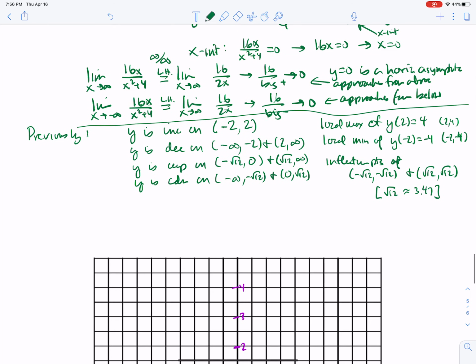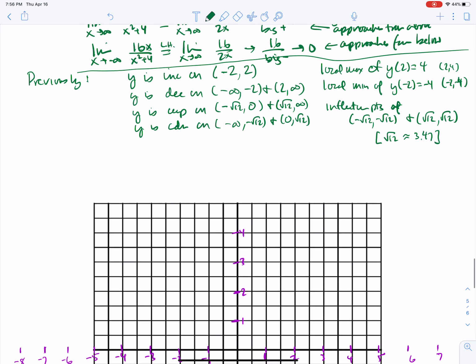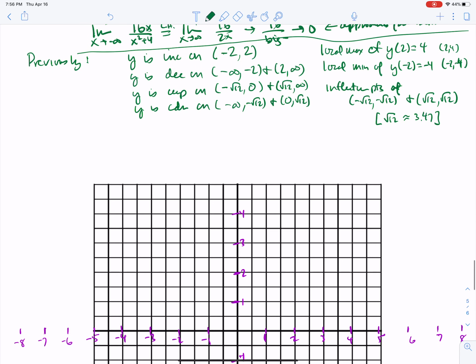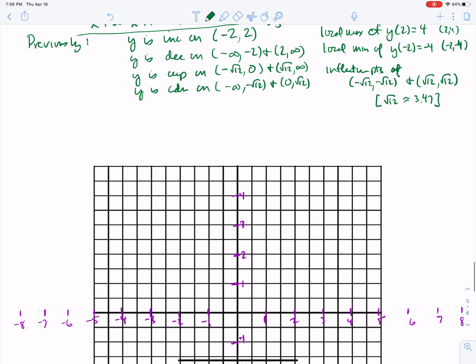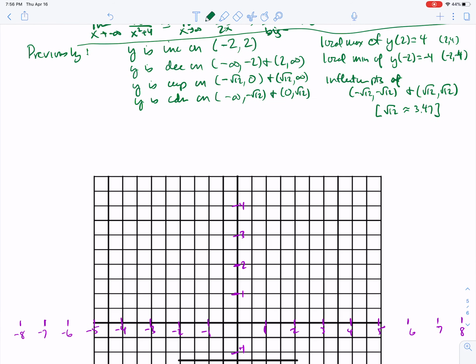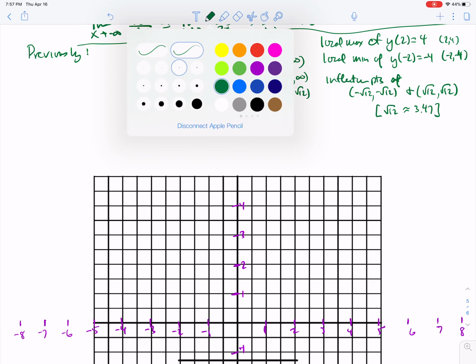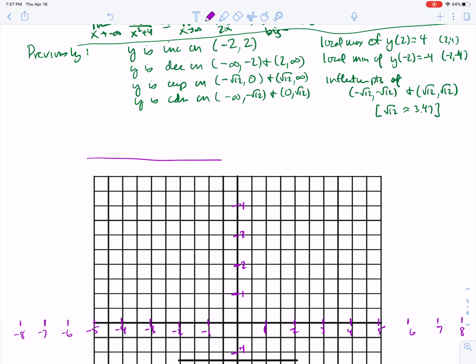Okay, so again, this is all information that I constructed earlier about increasing, decreasing, local max, local min, etc. And so let's sketch in our horizontal lines here, and we'll try to set this up for increasing, decreasing, concave up, concave down behavior.